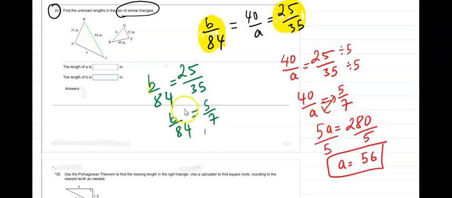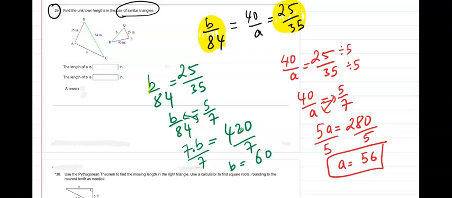Now to solve this proportion, you cross multiply. 7 times B, or 7B, equals 84 times 5, which is 420. You divide both sides of the equation by 7, and you get B equals 60. So the length of A is 56 inches, the length of B is 60 inches.